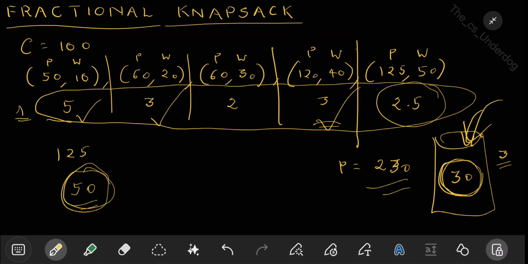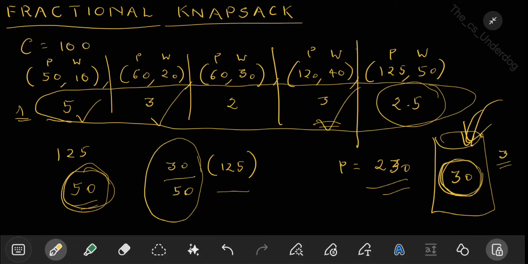How much of this item? 30 units is what knapsack can afford and 50 units is what you have. So 30 by 50 of the total profit will be a profit from this item, because you're only taking 30 by 50 of this item. You will get 125 units of profit only if you sell the complete 50 units of weight, but you are only selling 30 units of weight, which means the profit you gain from this item will be 30 by 50 into 125.